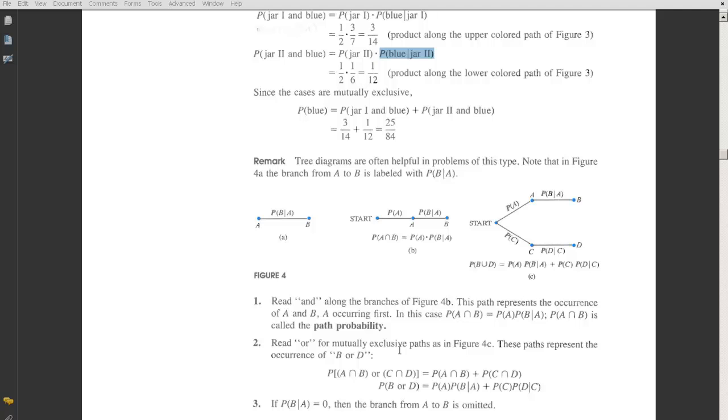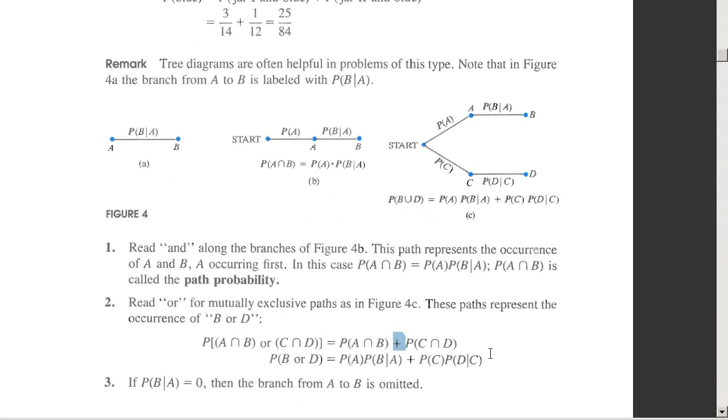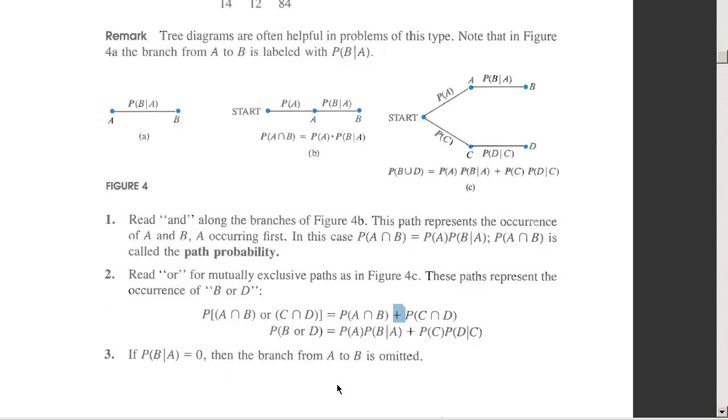So that's what I was saying before. The paths were mutually exclusive. So we have "or," so it becomes plus because it's mutually exclusive. And if the probability of B given A equals 0, then the branch from A to B is omitted.